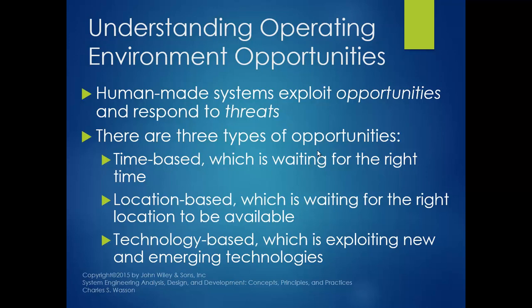Human-made systems exploit opportunities and respond to threats. As an example, for any security breach or attack, there will be an opportunity to create a system that will detect and prevent intrusions. There are three types of opportunities. The time-based opportunity, which can occur randomly or predictably.